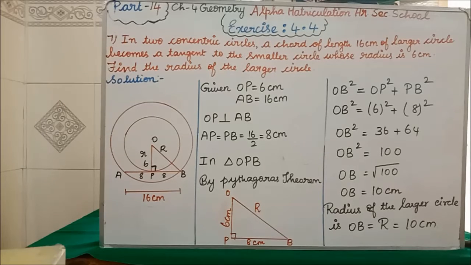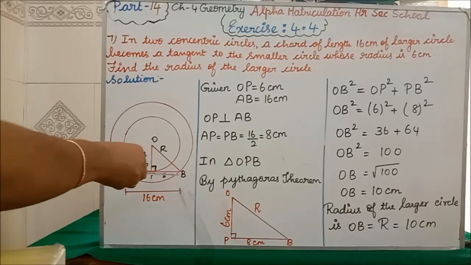Can you understand the question? Two concentric circles means a circle inside another circle. So in these two concentric circles, a chord of length 16 centimeter. So draw the chord AB in the largest circle. See, this is the largest circle, no? So I have drawn the chord.